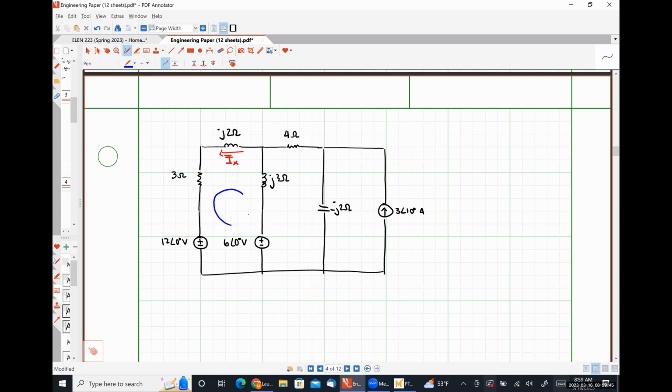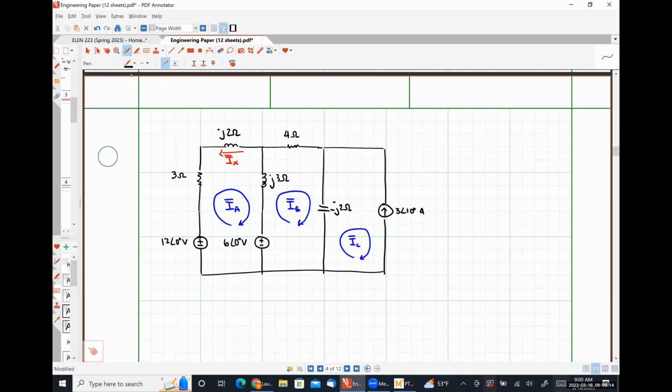You guys might have heard of this as loop analysis. It's the same thing to me. So I'm going to call this loop IA. Here's IB. And here's IC. So this one should be a little bit easier to do. We've only got 3 unknown quantities to solve for.